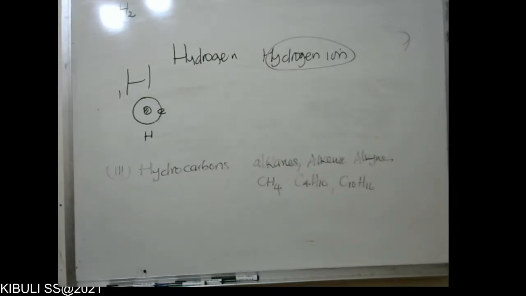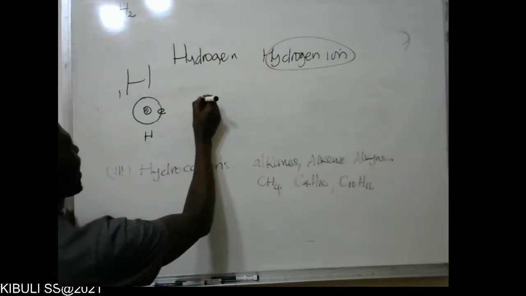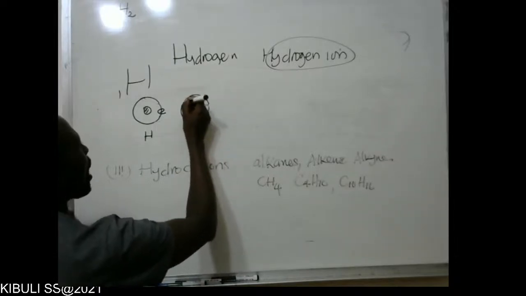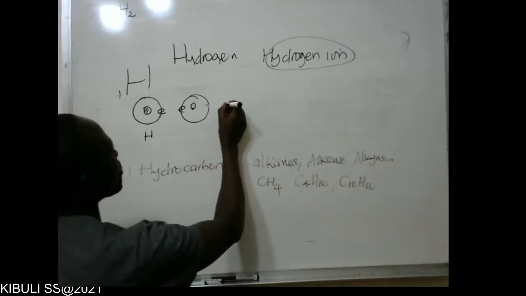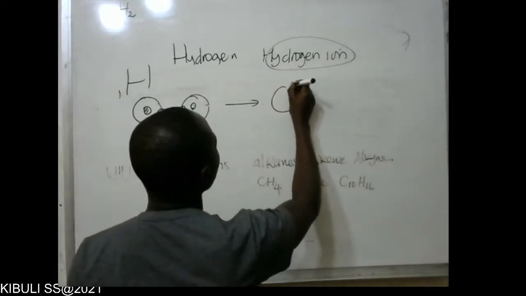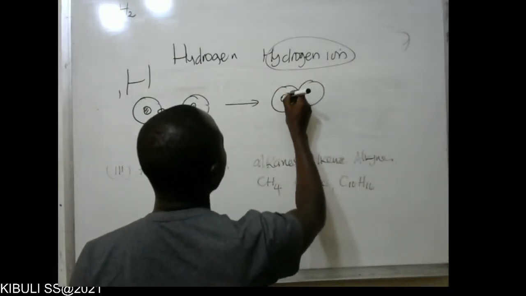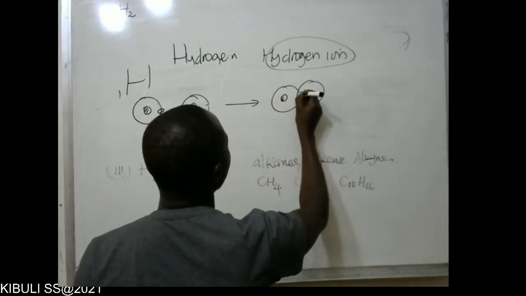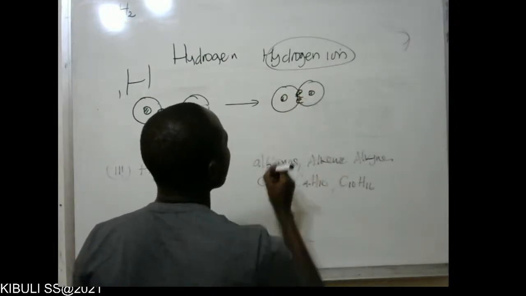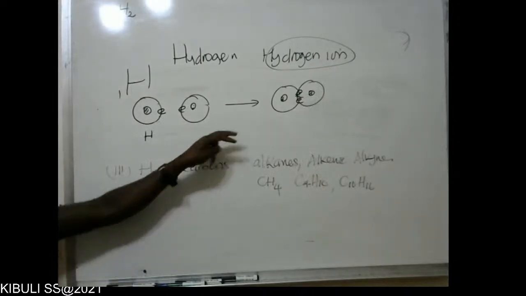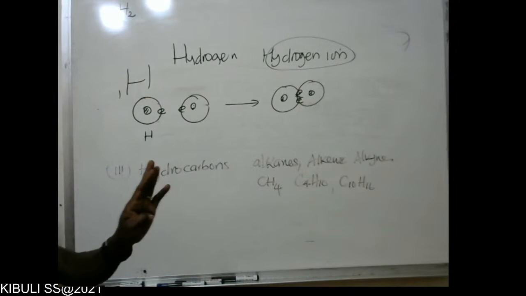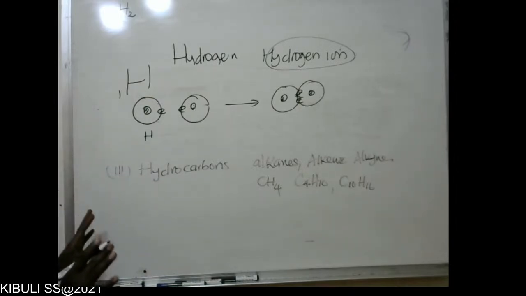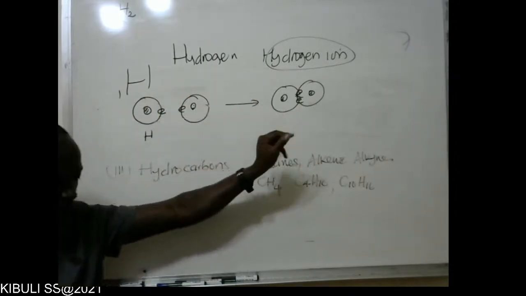Now a hydrogen molecule is where another atom of hydrogen comes and also contributes an electron. Therefore the two will combine to give you what we call a hydrogen molecule. So there, Kayondo asked the question, that is a hydrogen molecule. It has no acidic properties at all because merely sharing what?